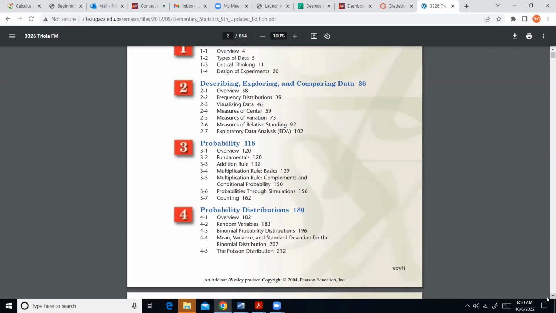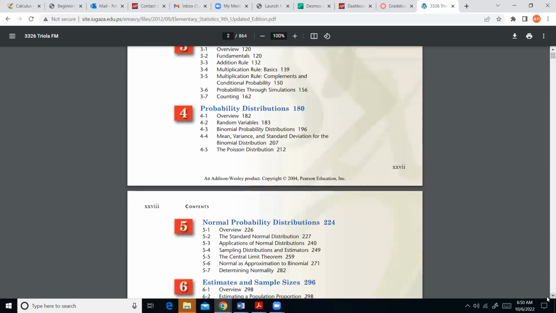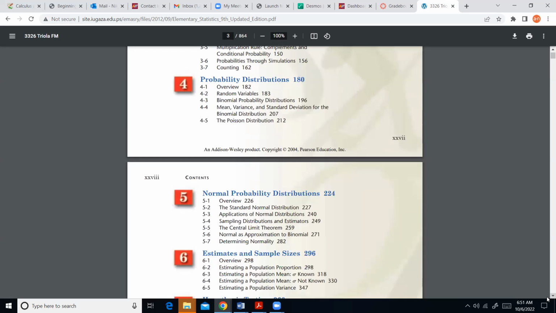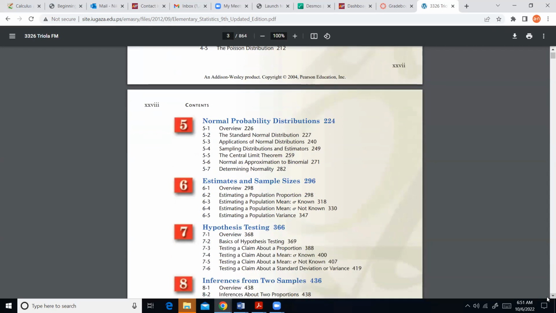Well, first of all, this book was a little bit shrunk compared to the previous one that we used here. So chapters 2 and 3 actually used to be 2, 3, and 4. So we are going to move after the midterm into a little bit of chapter 4, and then 5, 6, and 7.